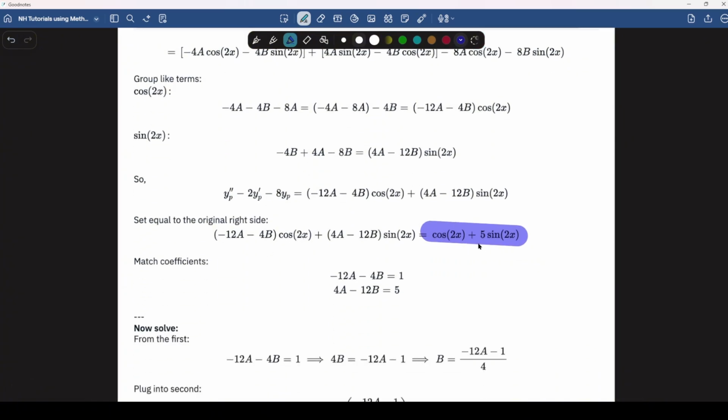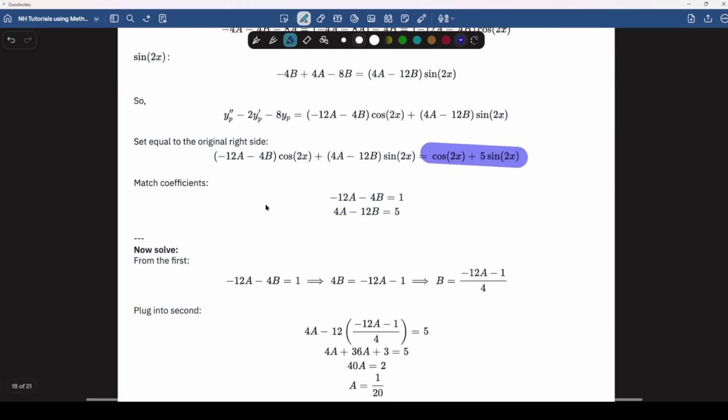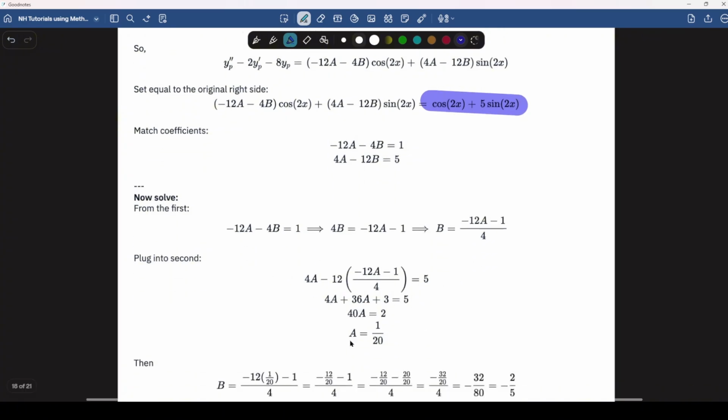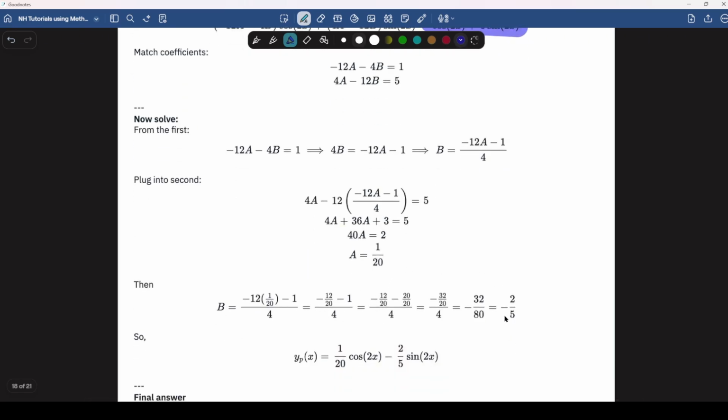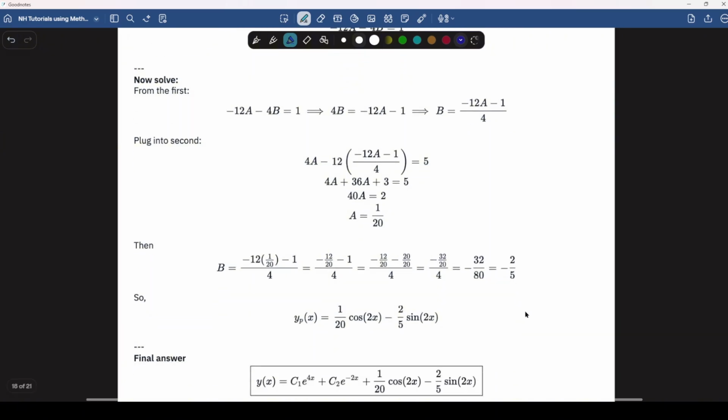So for cos 2x we have negative 12a minus 4b equals 1. And for sin 2x we have 4a minus 12b equals 5. After substitution and elimination, we get the value of a to be 1 over 20, and the value of b to be negative 2 over 5.